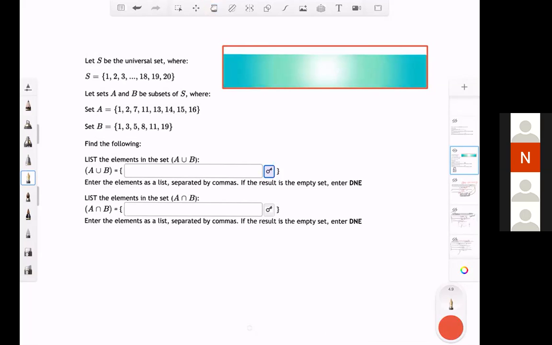So we have a universe here: 1, 2, 3, goes to 20. Set A is that, set B is that. What is A union B?